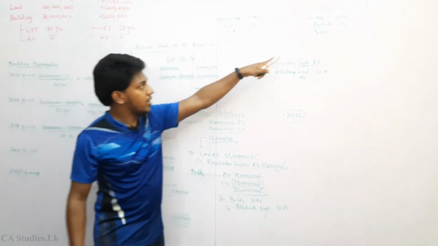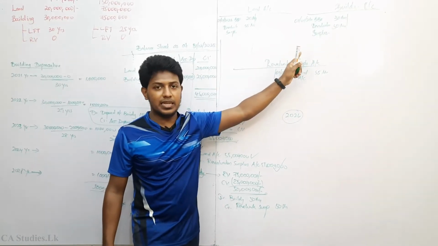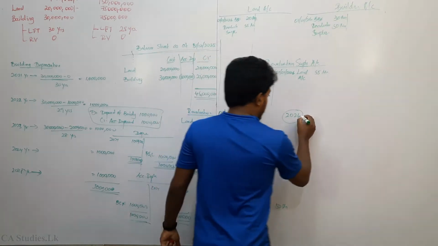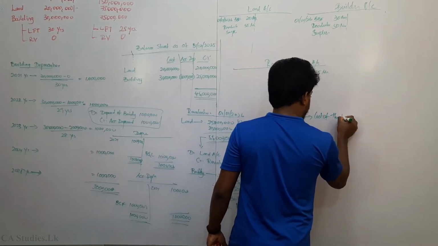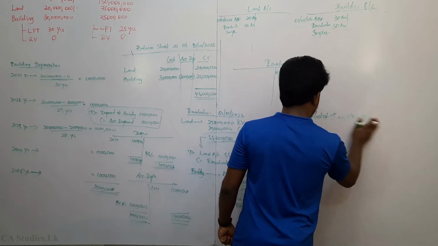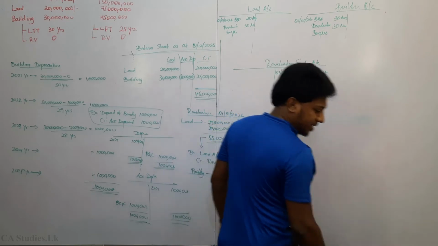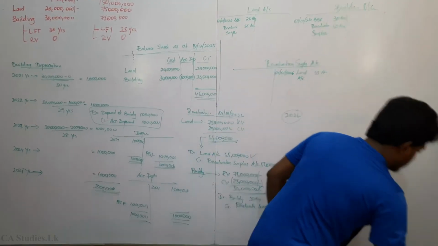So the cost of the building now is 85 million. How do we have to calculate the depreciation?